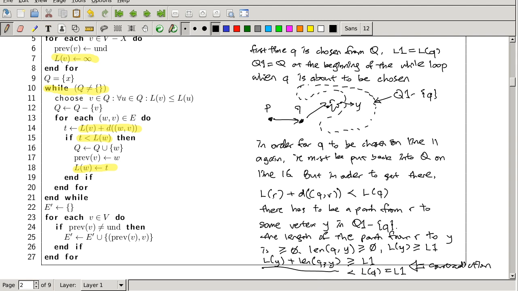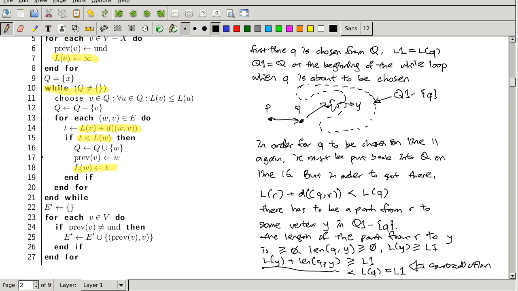We are comparing two instances of time: when lowercase q was chosen on line 11 the first time, and when lowercase q was put into the set Q on line 16 at a later point of the execution of the algorithm.